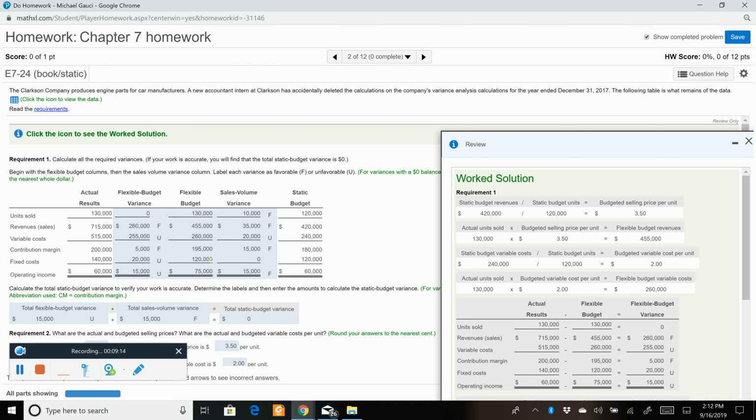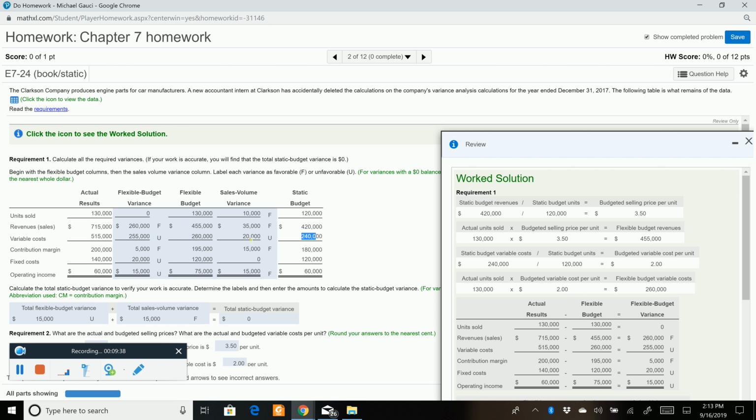Now come the dollars. So originally we were expecting to have revenue of 420,000. We actually had to flex the budget based on actual level of activity, 455. That is a favorable variance because revenue is higher with the flex budget than the static budget. Variable costs are also higher with the flex budget than the static budget.